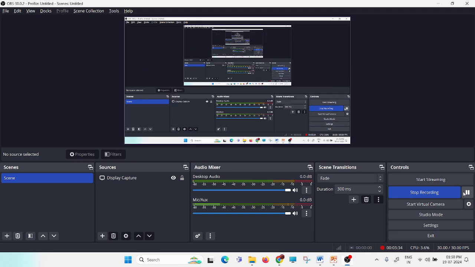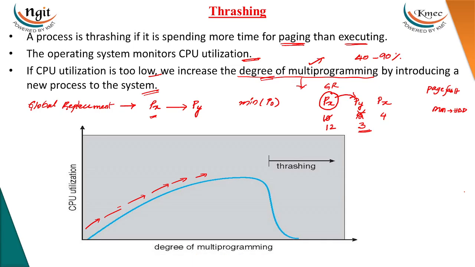Those 2 pages of Py will be moved to hard disk. And remember that Py has higher priority than Px.